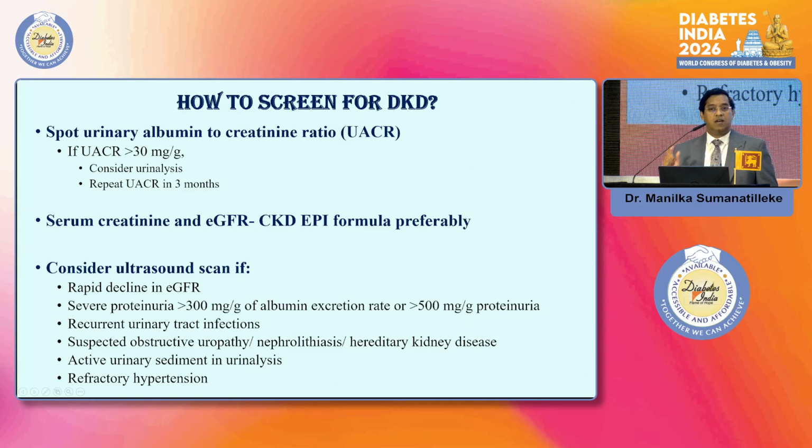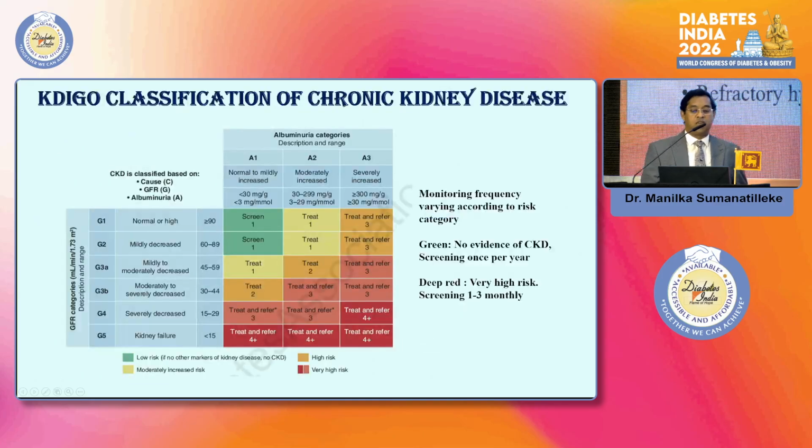So that's a trigger that you might have to do an ultrasound scan in your patients. And of course, very high pressures: on three drugs, medications, still the blood pressure is not to target, then you could do an ultrasound KUB.